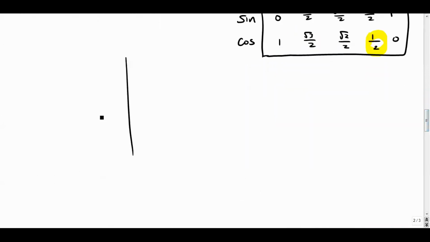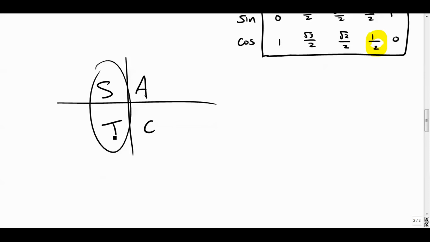So let's draw a little reference right down here. All students take calculus. So cosine is negative in these two quadrants. So I need a quadrant 2 angle that has π/3 as its reference angle. So π/3 is about 60 degrees, so it's going to look something like this.